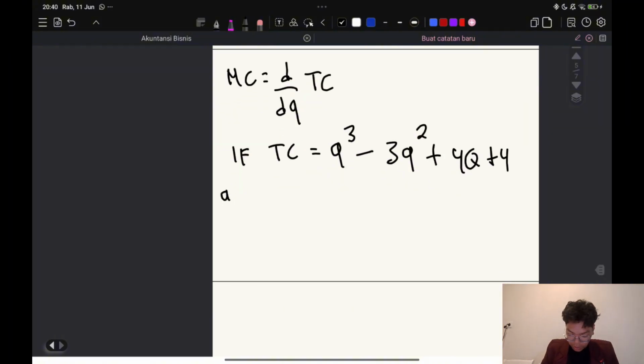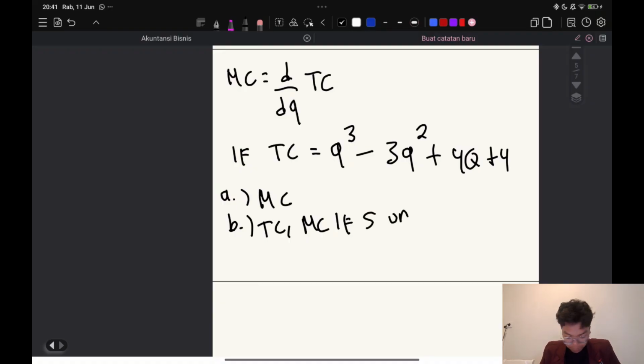The question is A, the MC function, and B, total cost and marginal cost if 5 units sold.